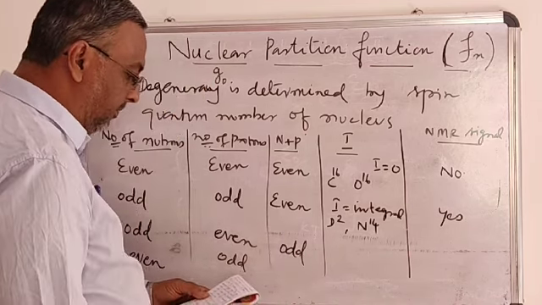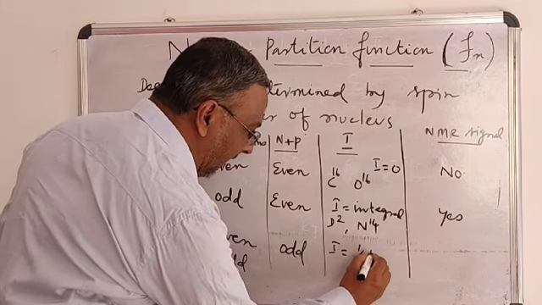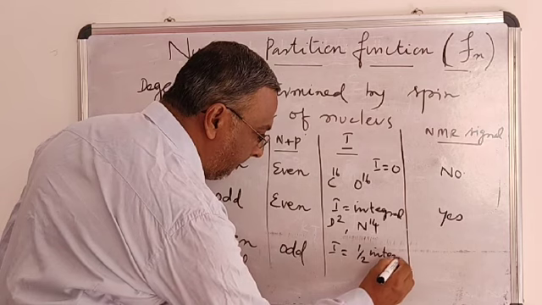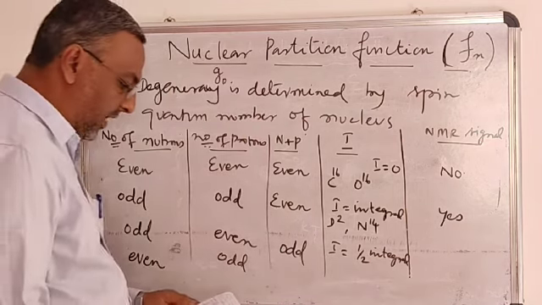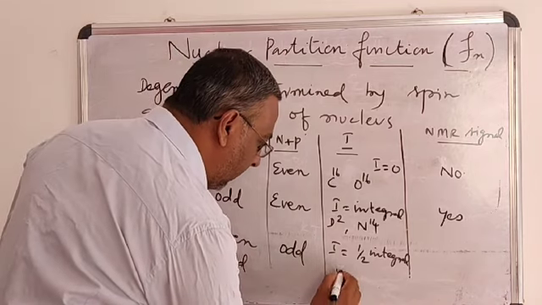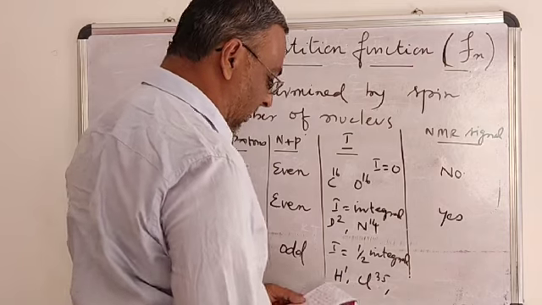In this case, what happens? The I value will be half integral. Half integral. And in this case, for example, hydrogen, chlorine 35, like this.